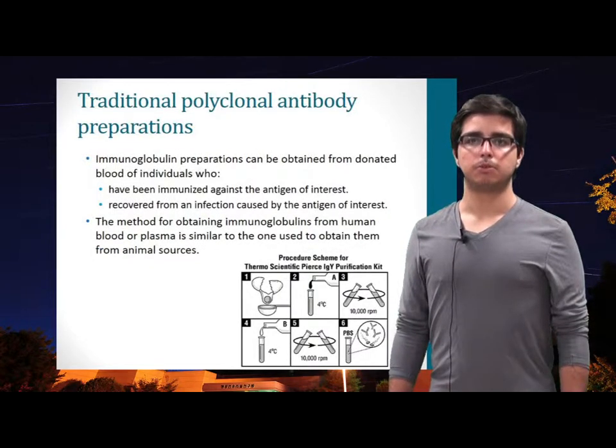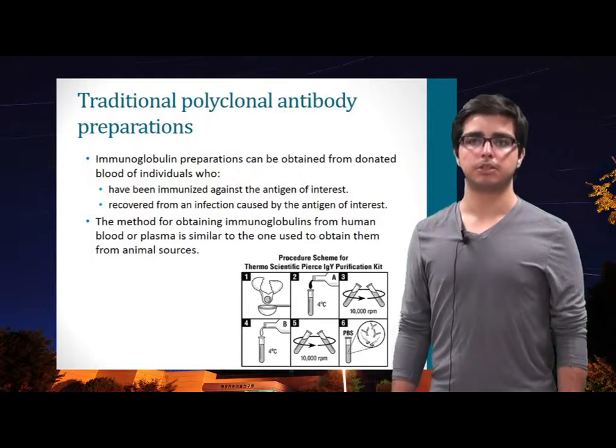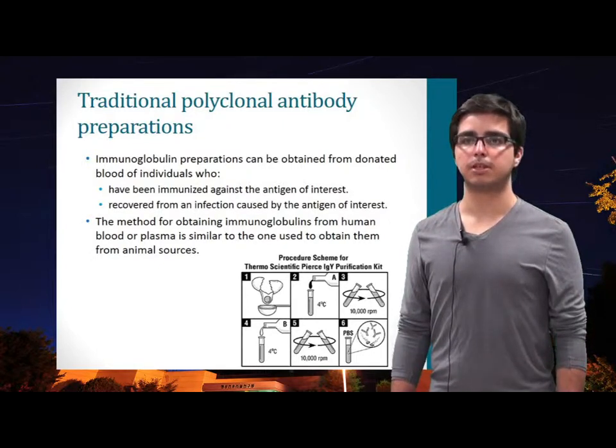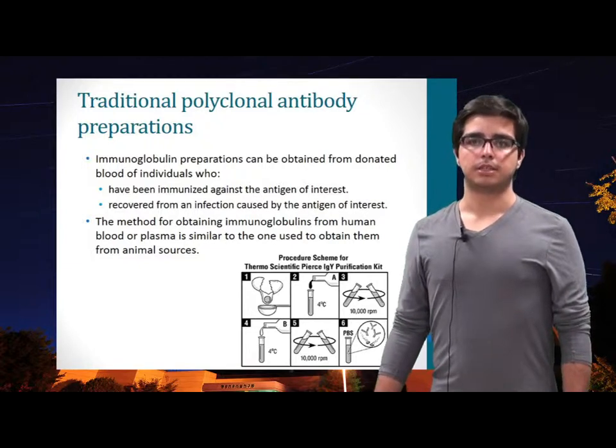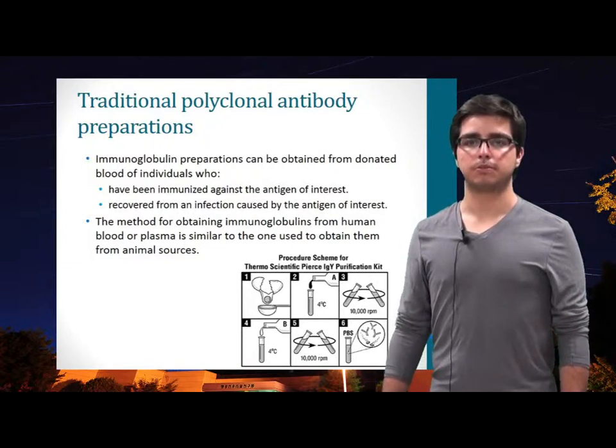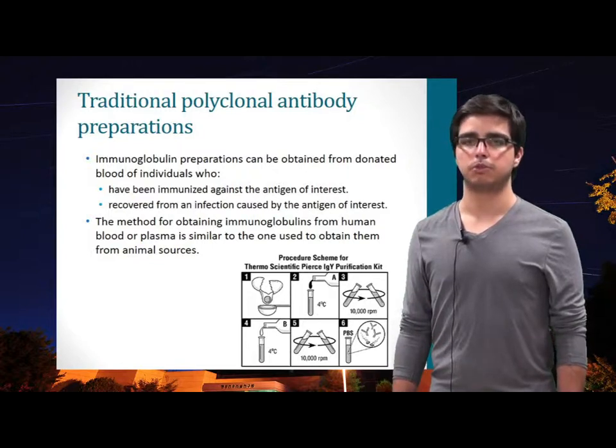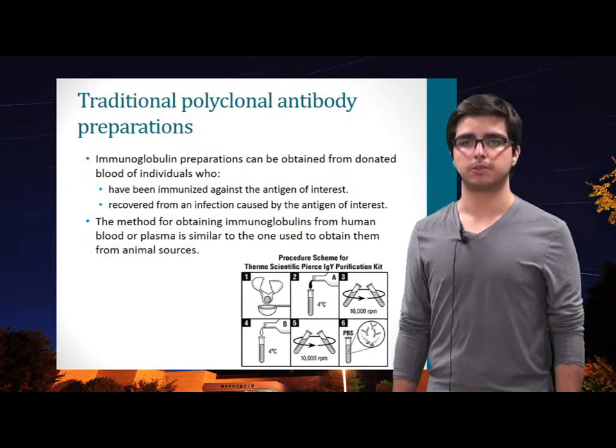These immunoglobulin preparations can be obtained from individuals who have been immunized against the antigen of interest, or that have recovered from an infection from this antigen. And the process for obtaining this is very similar to the one used to obtain from animal sources.